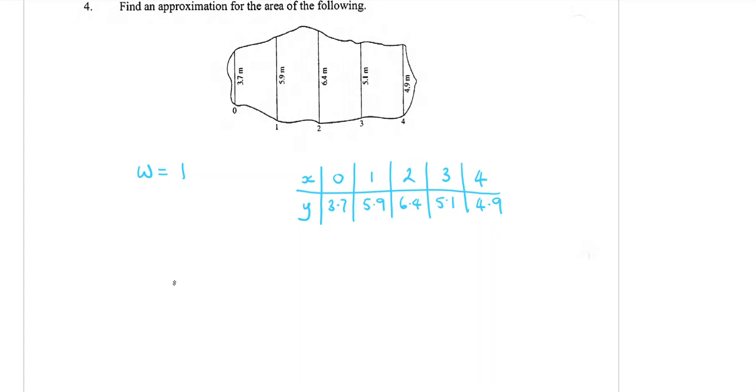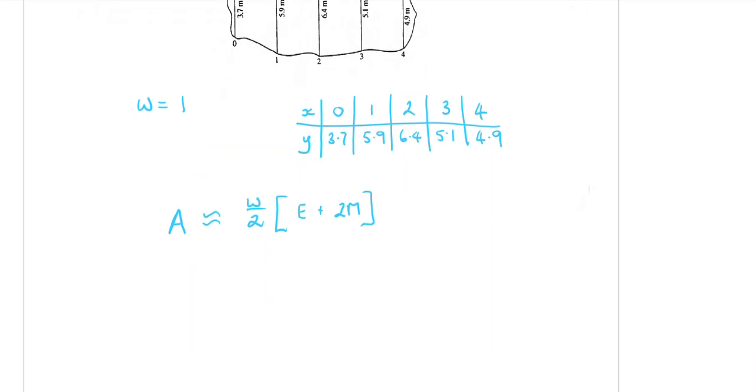So I don't have an integral sign to write down here. So I'm just going to say A for area, because it said find the area, is approximately equal to width over 2 bracket ends plus 2 lots of the middle. And let's just do that straight from our table. Our width was 1.